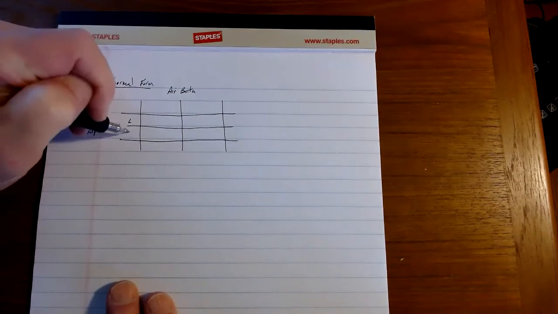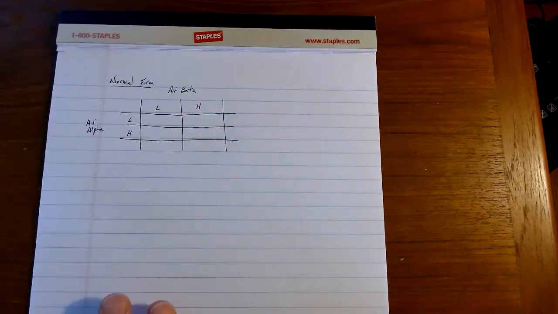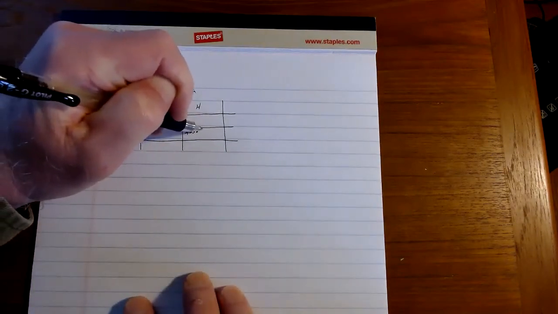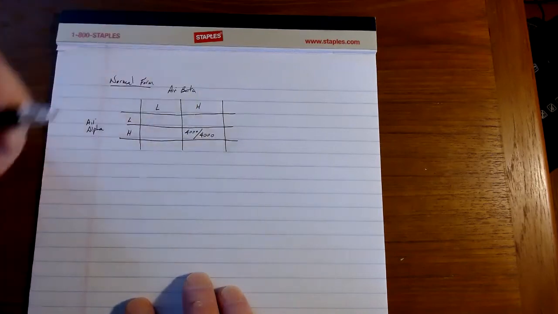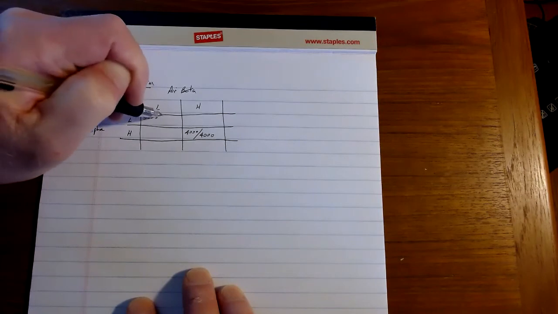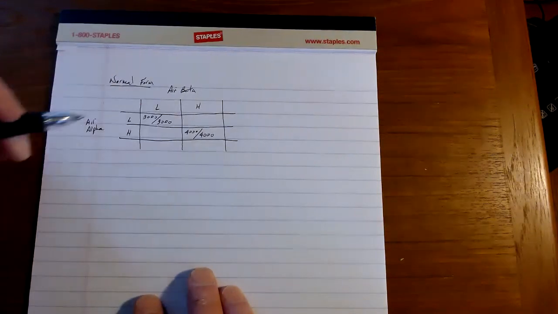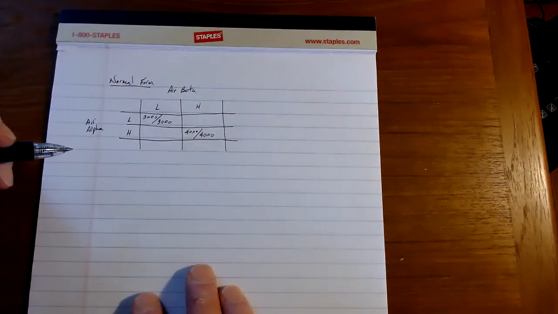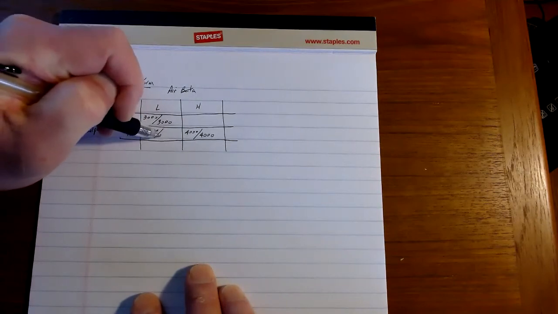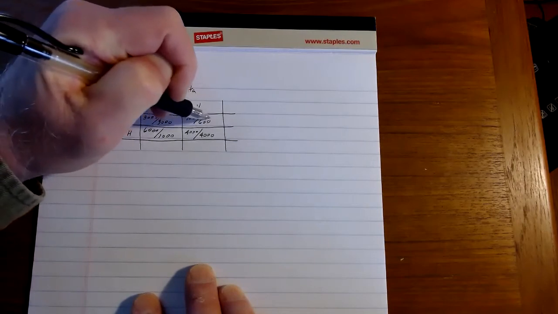And each player has a choice of choosing a low level of output or a high level of output. If both choose the high level of output, the payoffs are 4,000, 4,000. If both choose a low level of output, the payoffs are 3,000, 3,000. And if they choose low and high, the payoffs are 6,000, 1,000, and 1,000, 6,000.